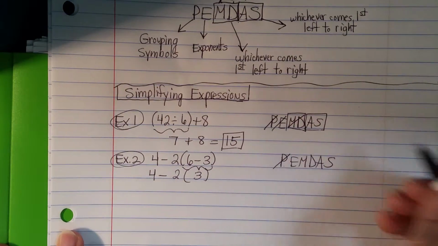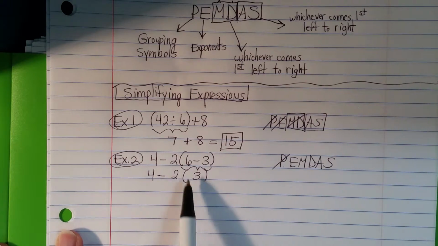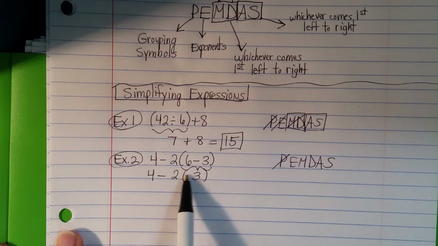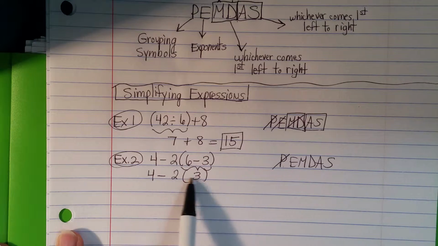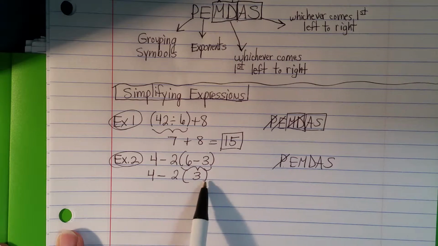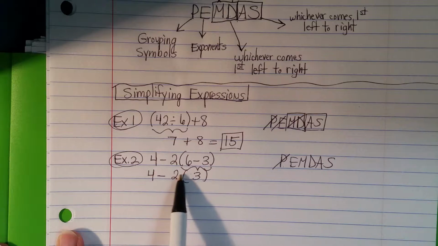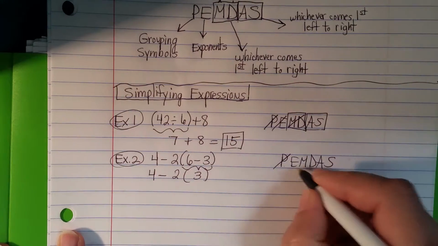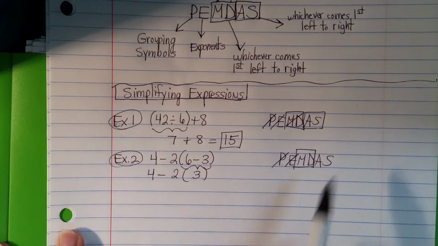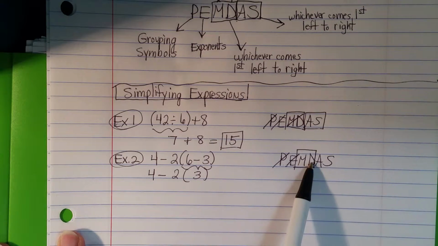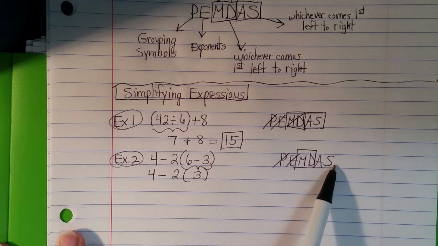So parentheses finished. This is a parenthesis, but it's not a grouping symbol anymore because there's no operation to be done inside. It's really just, this stands for multiplication now, this parenthesis. There's no exponents. I have to do multiplication or division, whichever comes first, left or right. I have to do this before addition and subtraction.